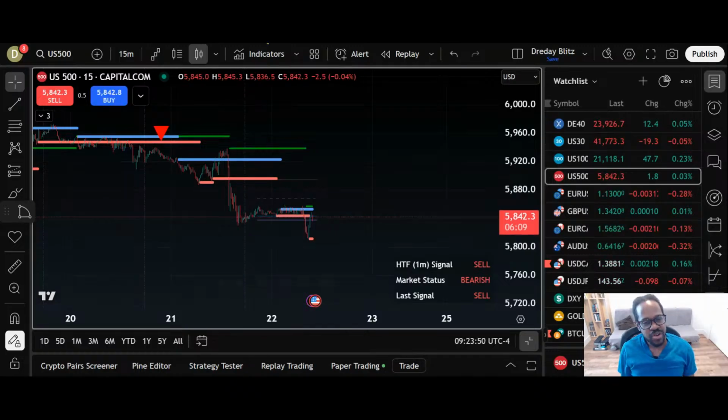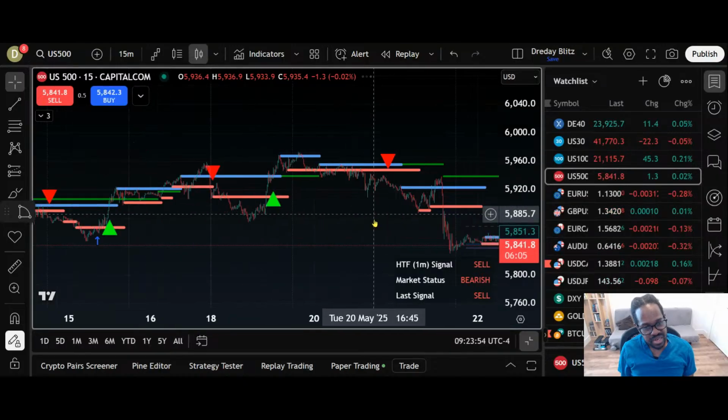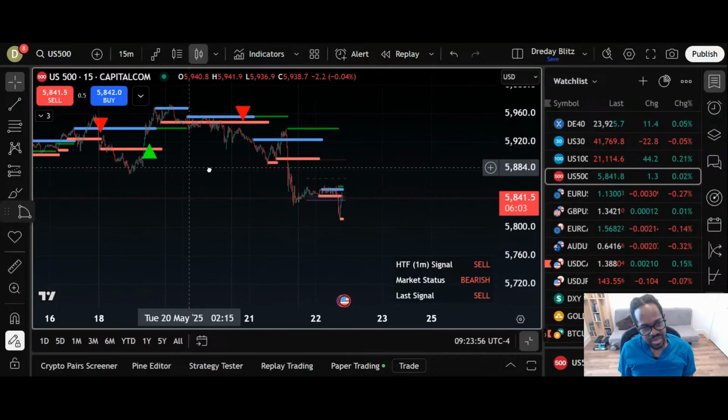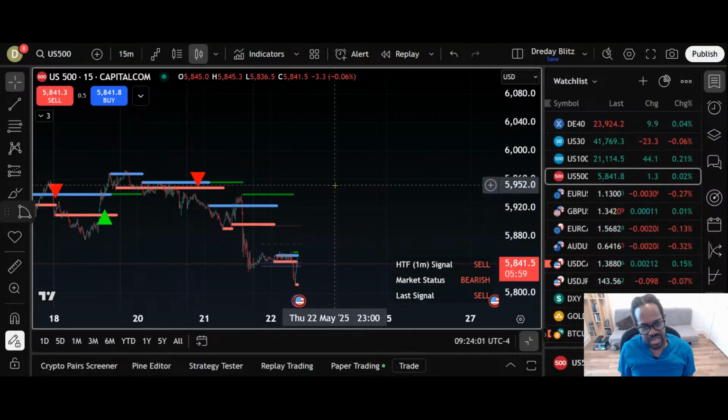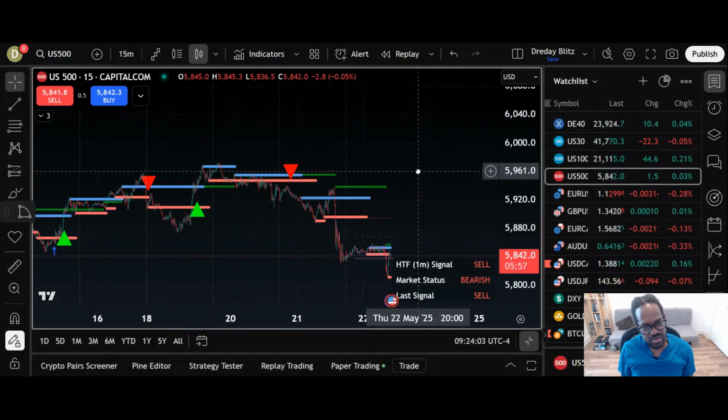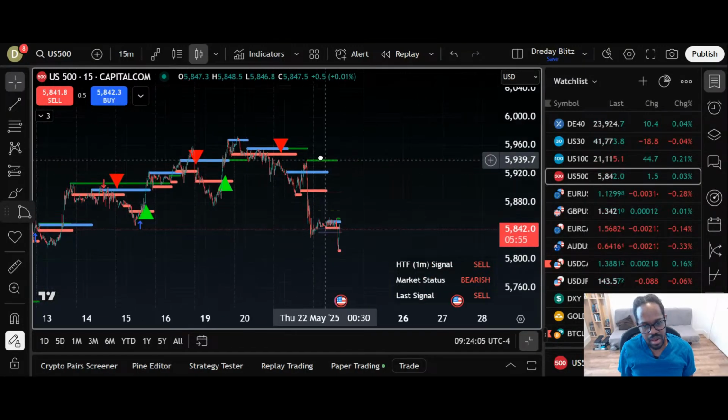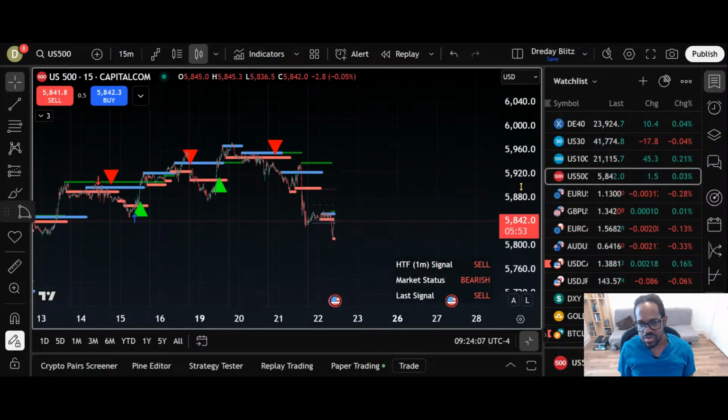Overall, it was bearish. But a lot of people got stopped out this week, especially in the New York session. So that's why I'm just looking at the market overall and sitting on my hands.